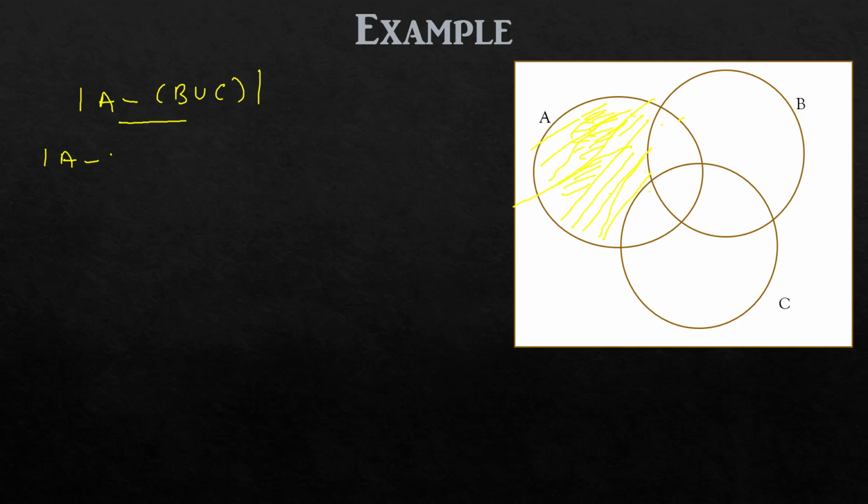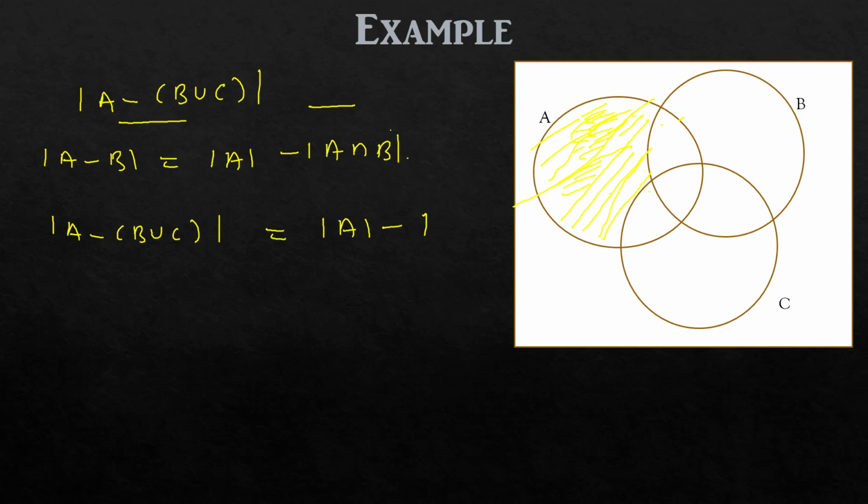So number of A minus B is equal to what? Number of A minus A intersection B. Now use this property for this equation. Okay. So A minus B union C is equal to number of A minus what? A intersection within the bracket B union C, bracket complete.